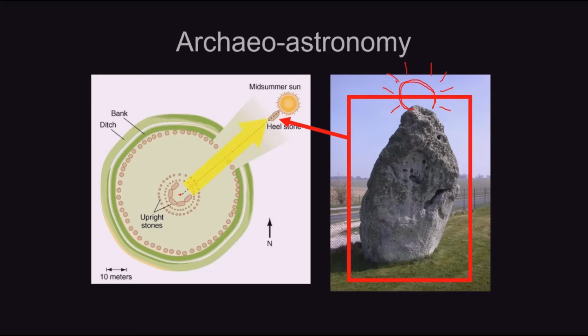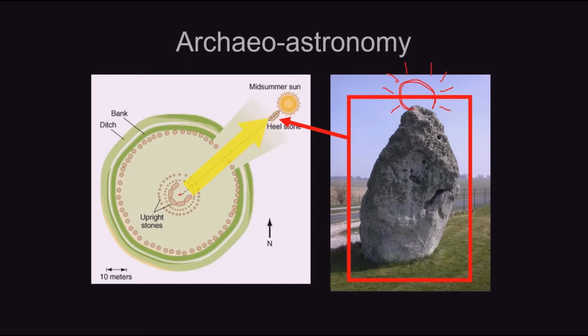And so you could sight that right from the center. So this is one of the foundations for understanding this site, what we call archaeoastronomy. Archaeoastronomy is the study of ancient archaeological sites by looking through the perspective of astronomy.